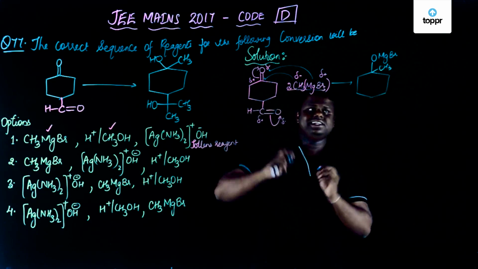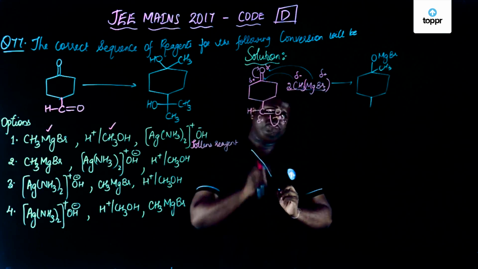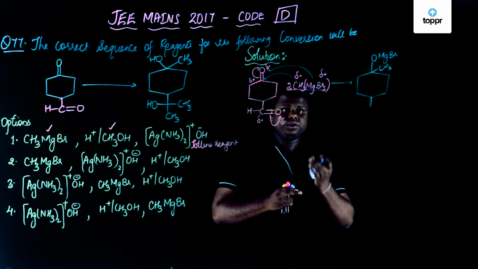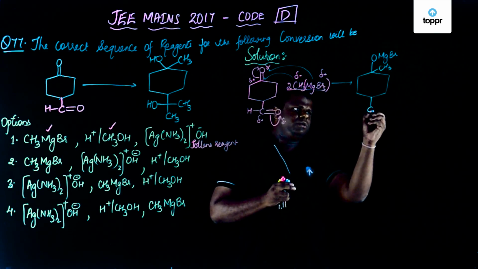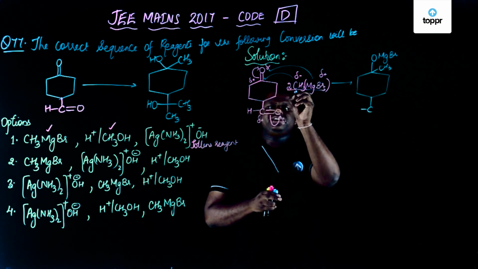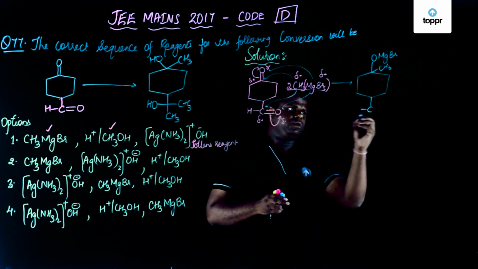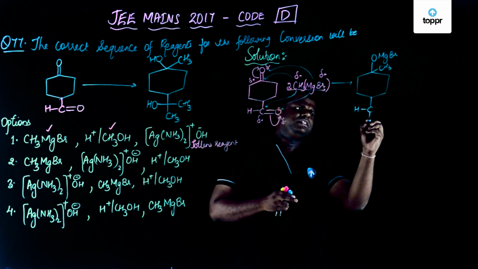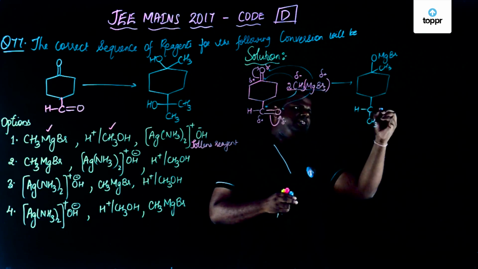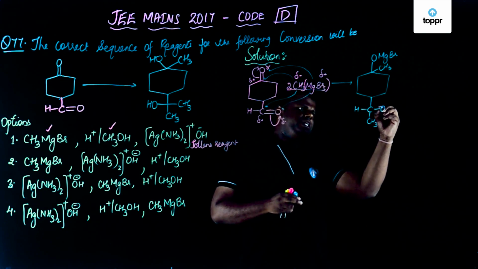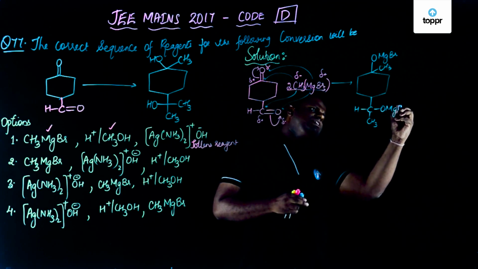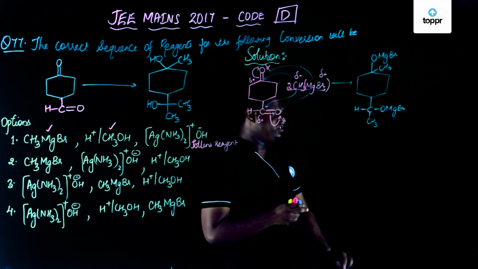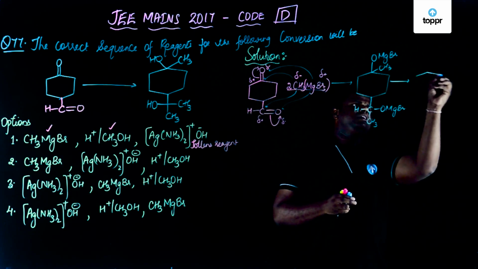Similarly, the second carbonyl group would also undergo reaction with Grignard reagent, right? Again, CH3 will go with C and MgBr will go with O. So you'll have CH, then a CH3 and an OMgBr, correct? Let's say this undergoes hydrolysis.